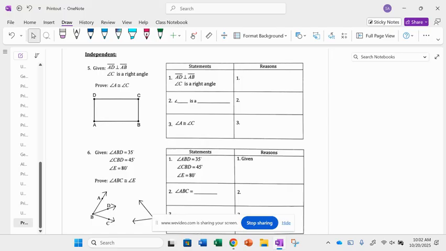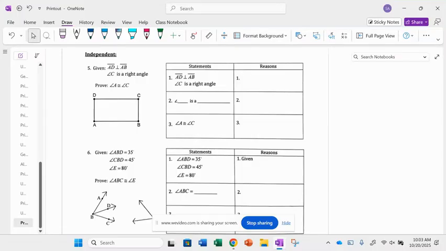Anybody else ready to get checked? Anybody need my help? Right, so now which angles are right?